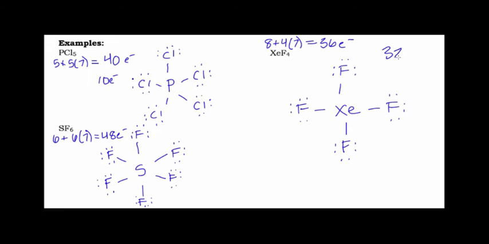We've used 32. We actually have 2 extra sets of electrons to put around here somewhere. So we're going to do that on the xenon. So you'll have 2 extra electrons here and here. Doesn't really matter where you put them. You can put them any place. But xenon has 2 extra. What do we call these little guys? Lone pairs of electrons.